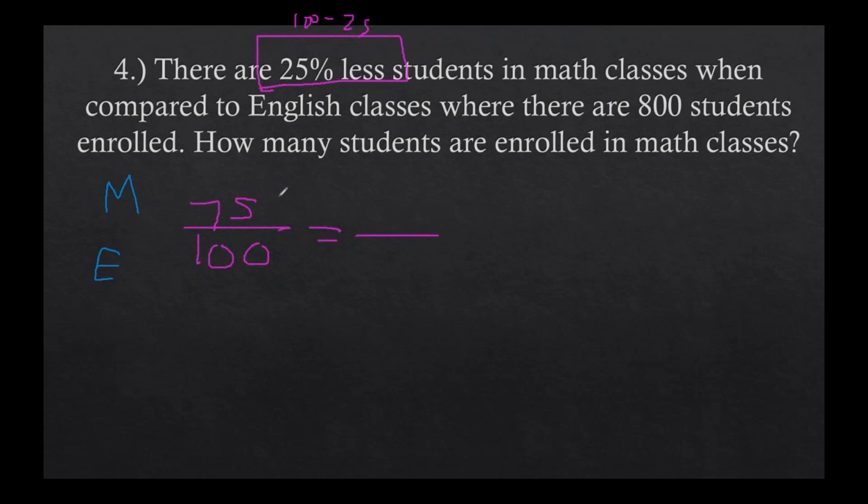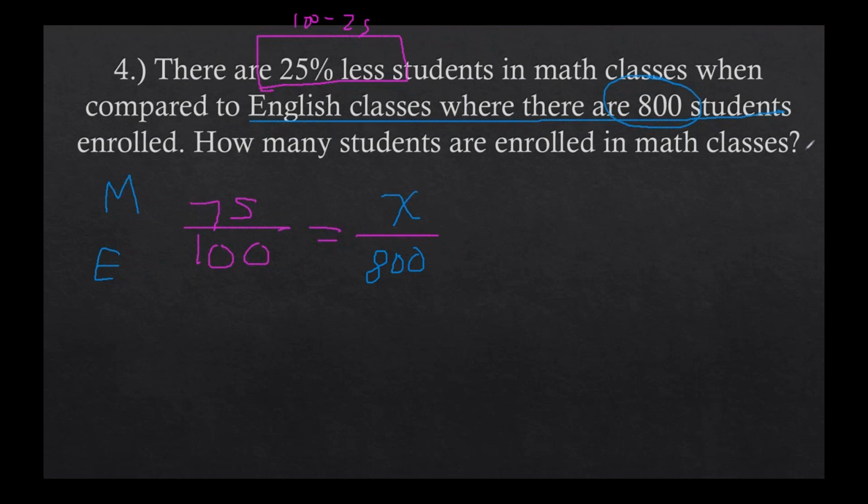Okay, so my numerators have to all be about math. My denominators are all about English. Okay, so English classes where there are 800 students. So where does this 800 go, top or bottom? Bottom, exactly. That will go in our denominator. And if you weren't sure, the question does say how many students are enrolled in math, so my unknown value x will go in the numerator.